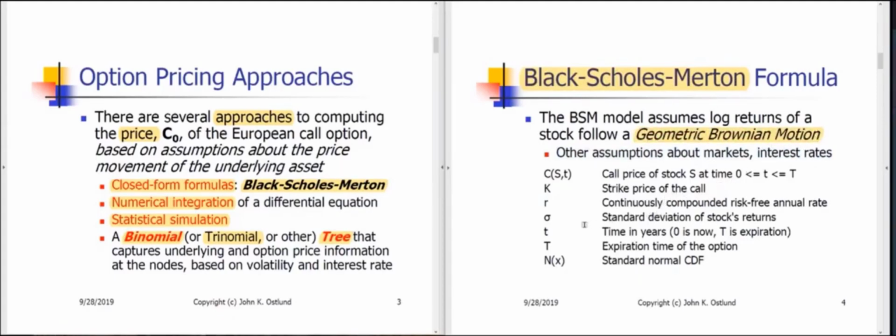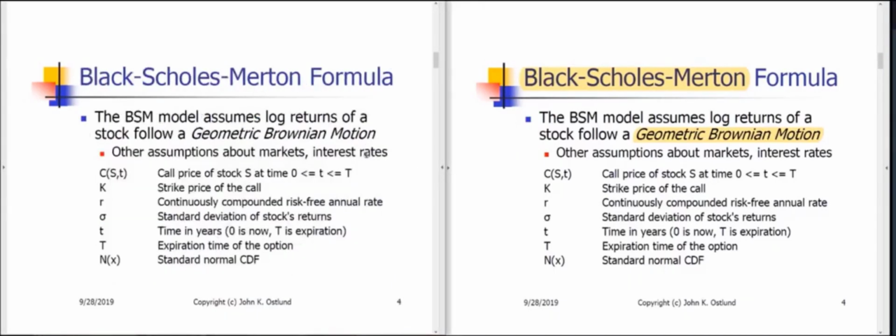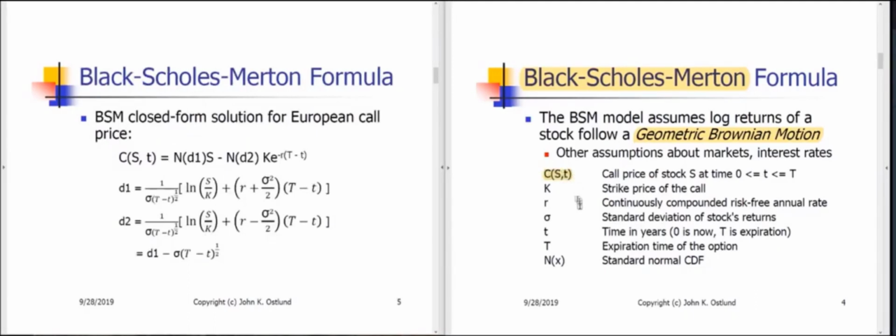That is, that log returns of a stock are normally distributed around some constant drift or rate of return. In the closed-form formula for the Black-Scholes model, C(S,T) represents the call price of some stock at time t. N(x) is simply the standard normal cumulative distribution function.